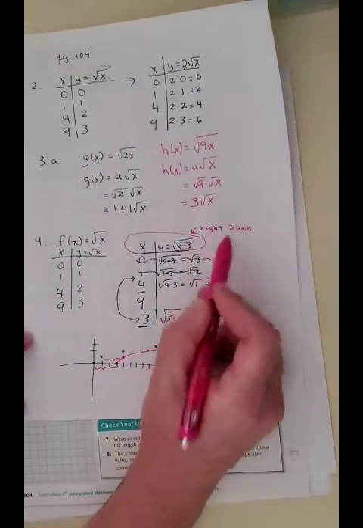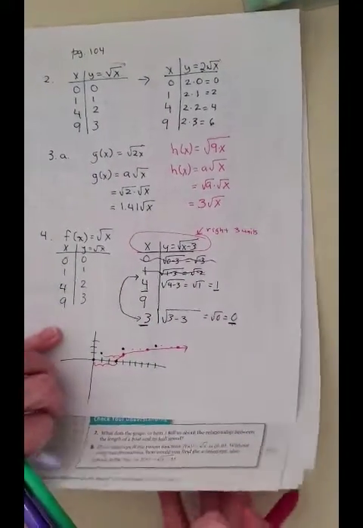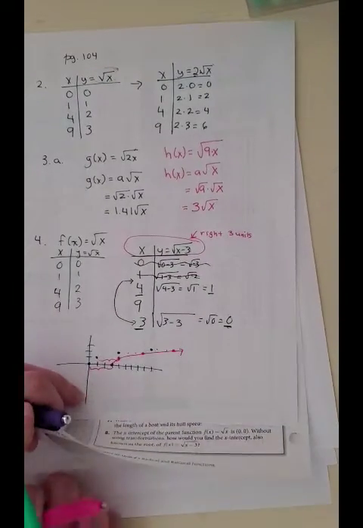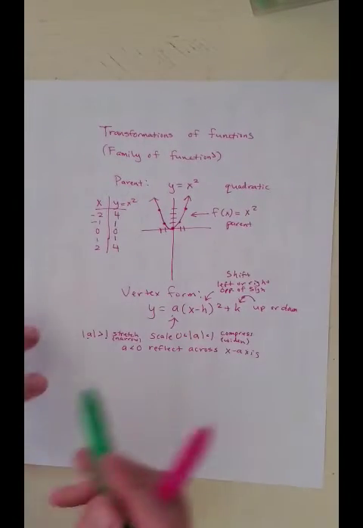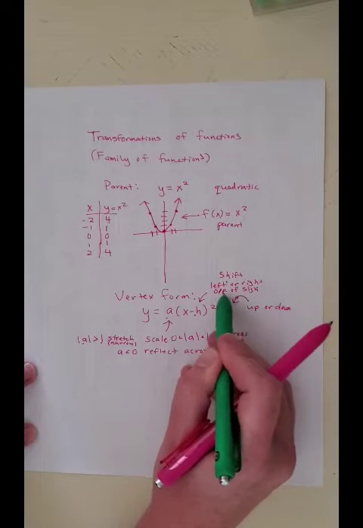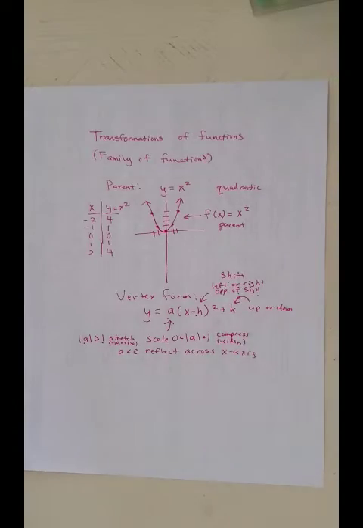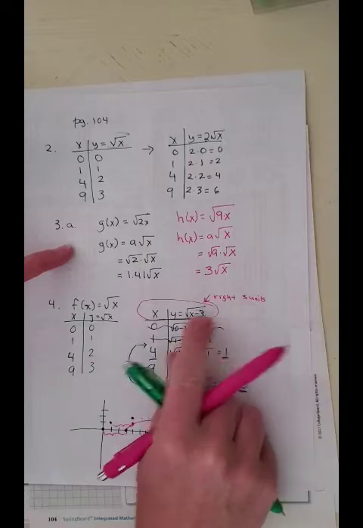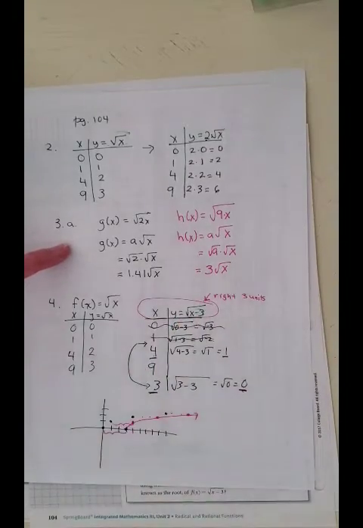And let's make a connection between that and the behavior of what we know from the quadratic family of functions. The family of functions says that this value h will shift your graph left or right, the opposite of the sign. Was that true here? It shifted my graph to the right 3 units, which is opposite of my sign.